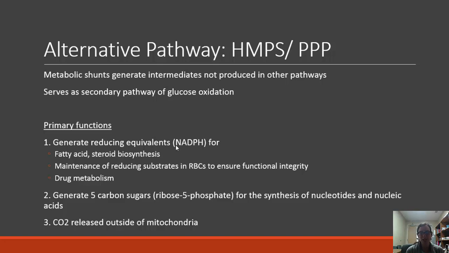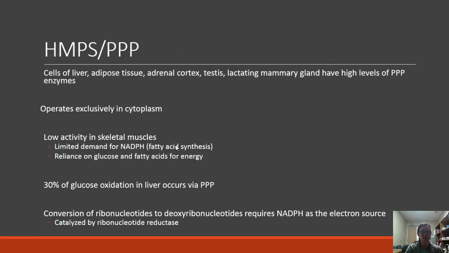Now, in addition to NADPH, the pentose phosphate pathway also helps us produce the 5-carbon sugar ribose 5-phosphate. And that should sound pretty familiar because that is a substance that we need to produce nucleotides and nucleic acids in DNA and RNA, of course.